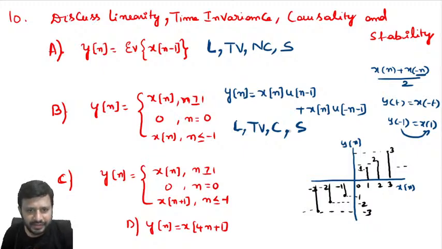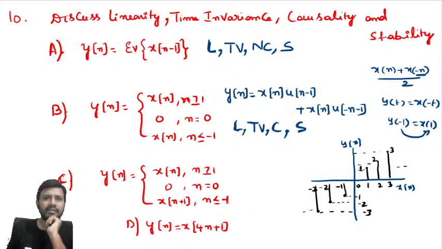Look here. C. y of n is x of n for n greater than or equal to 1 and 0 at n is equal to 0, and x of n plus 1 for n less than or equal to -1. Discuss linearity, time invariance, causality and stability. What will happen, my dear students?